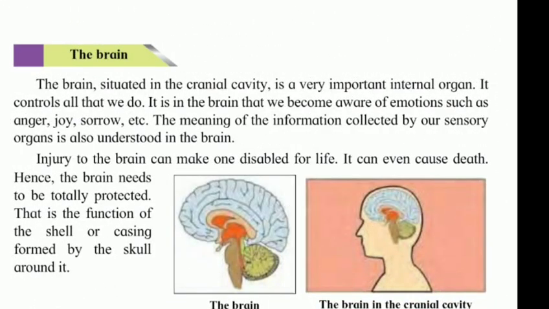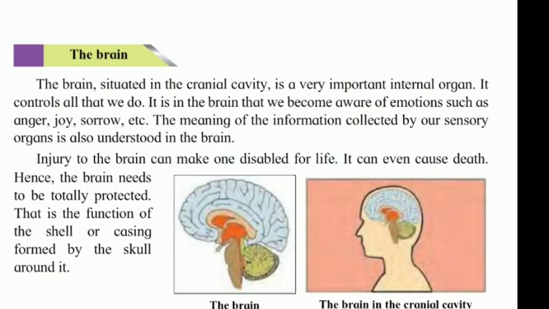Now students, coming to page number 73, we are going to study about the brain. See, the brain situated in the cranial cavity is a very important internal organ. It controls all that we do. It is through the brain that we become aware of emotions such as anger, joy, sorrow, etc. The meaning of the information collected by our sensory organs is also understood in the brain.